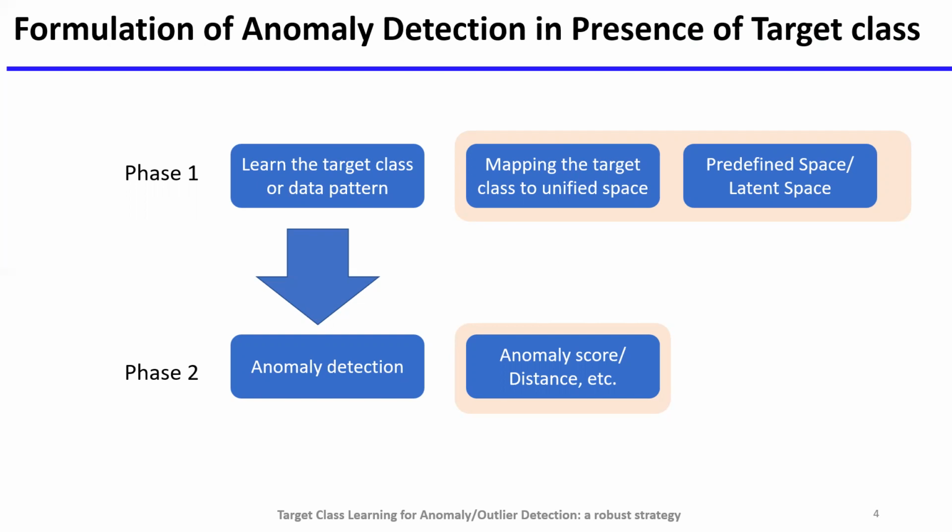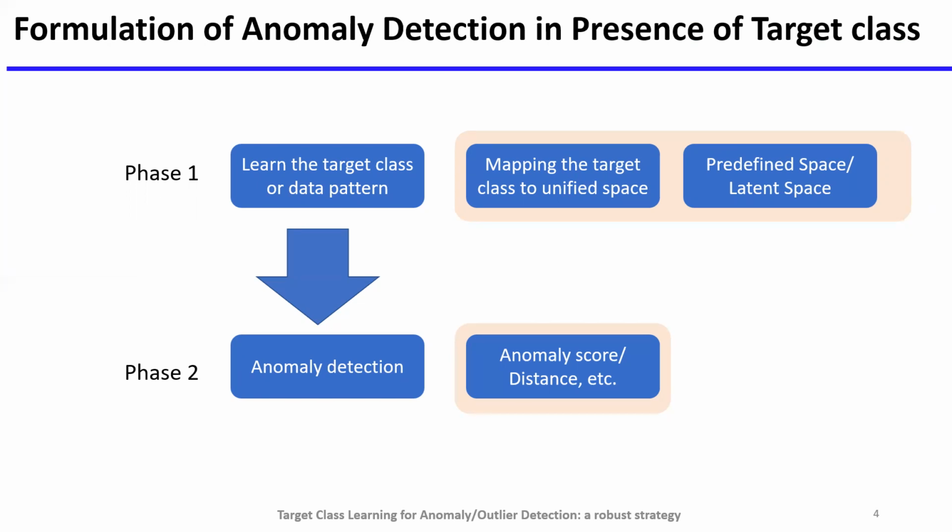The first phase is that we should learn the target class, or the data pattern, very efficiently. We assume we don't have only the target class; we have a number of classes in the data, and we are supposed to identify some anomalous data point that will be incoming in future.